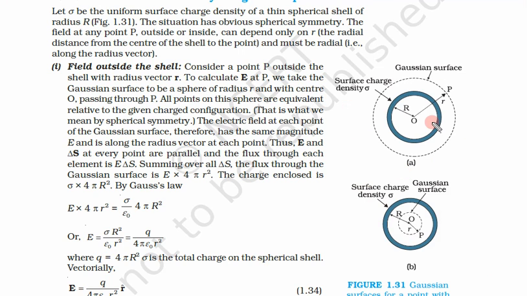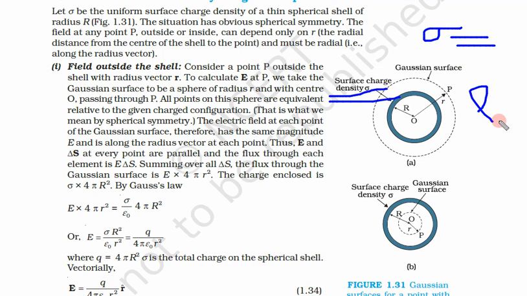Again, this is a spherical shell, and the figure is in 3D, but since this is a thin shell, not a solid one, we will take a surface charge density sigma. Because it is not solid, we cannot consider rho here.